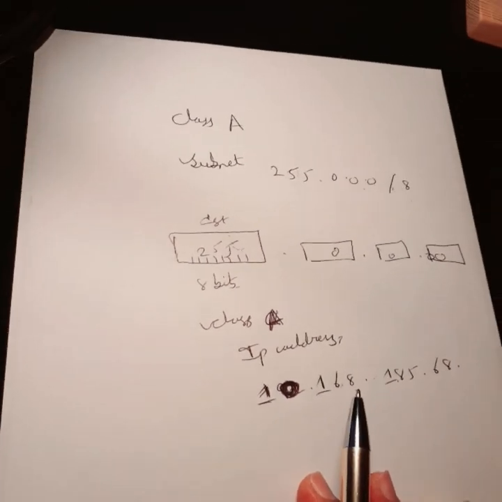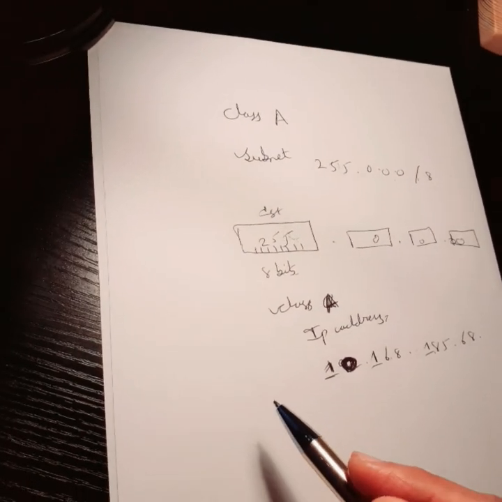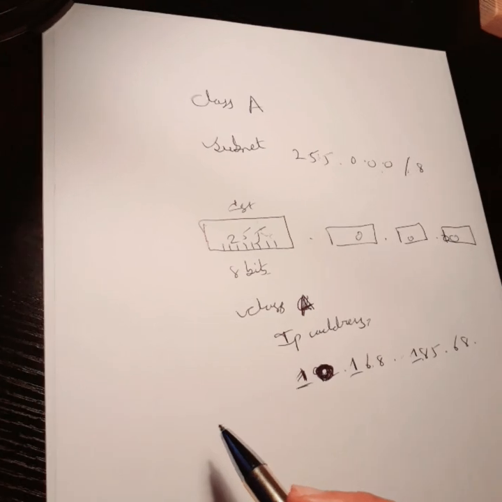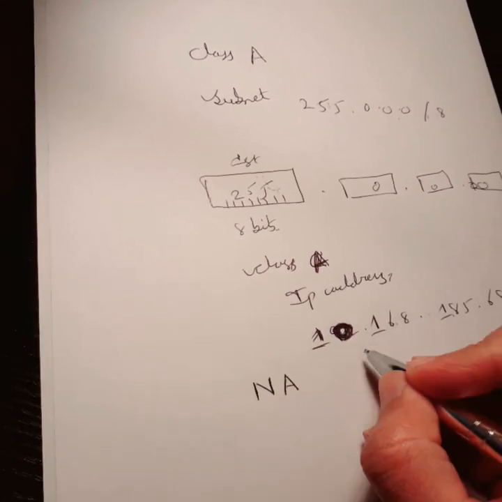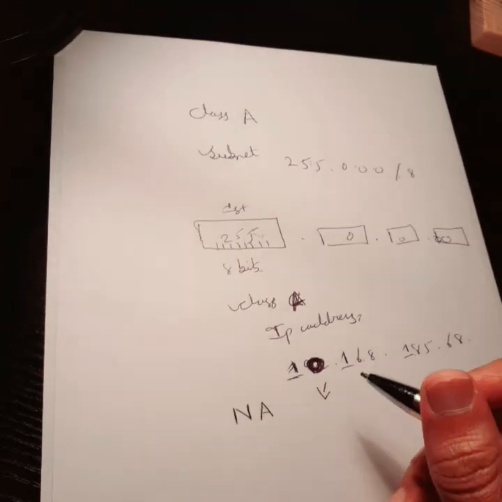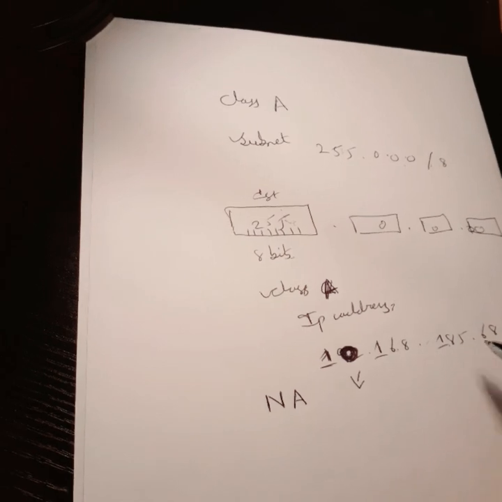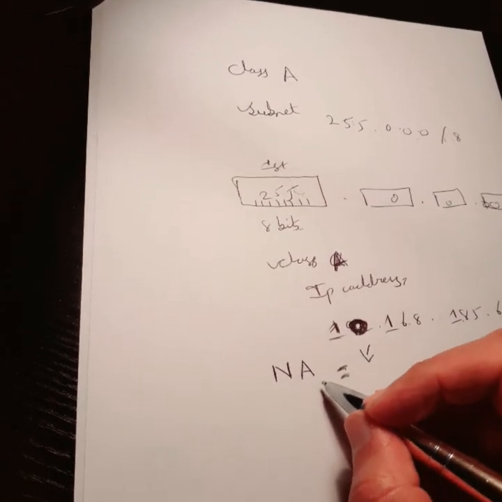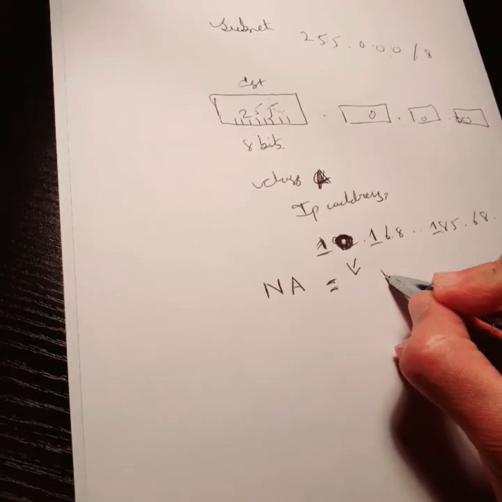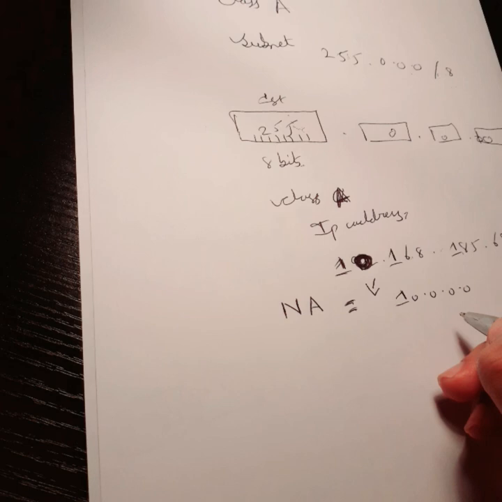As a network engineer, what we'll be looking at is what will be the network address for this particular IP address using this mask, which is /8. An engineer needs to know the network address. So supposedly the network address is 10.0.0.0.